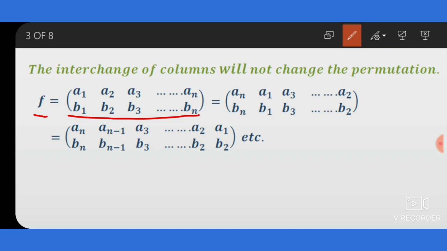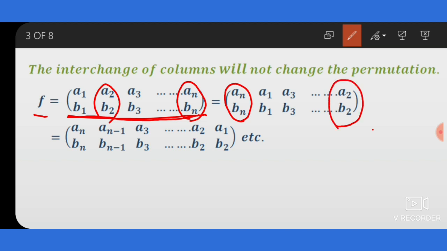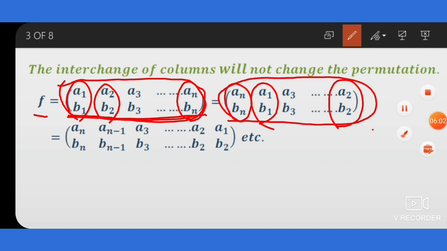For example, if the nth column of this permutation is changed with the first column, and the second column is changed with the nth column, and the first column is changed with the second column, the value of this permutation is the same.